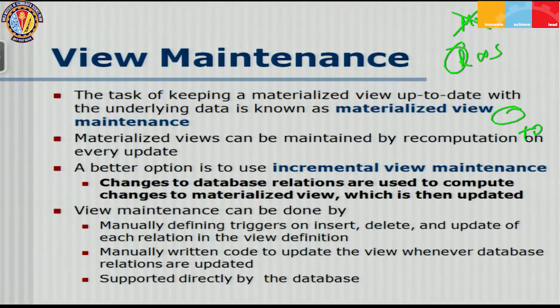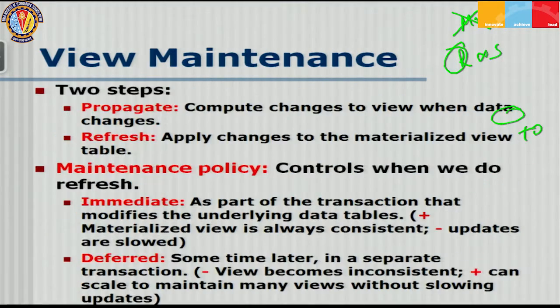So there is direct support, so you don't have to. Once you define a materialized view, they would have some default strategies to maintain the materialized views as and when the underlying tables are changed. It is actually done in two steps. One is propagate, so compute changes to the view when data changes, and then you apply those changes.